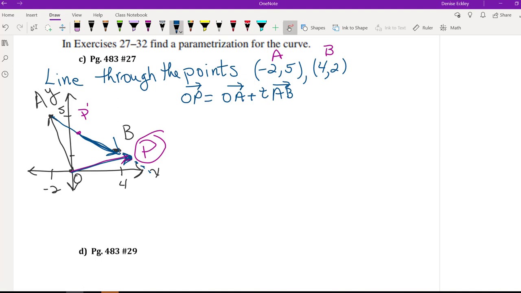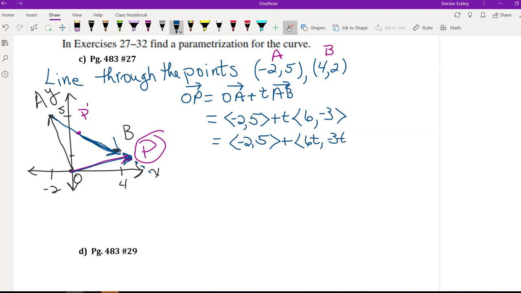So what we have then is -2, 5, the components of vector OA, plus some t times my vector AB. I get that by doing 4 minus the -2, so I get 6, and then 2 minus 5, which is -3. I distribute that, and I have a 6t and a -3t.